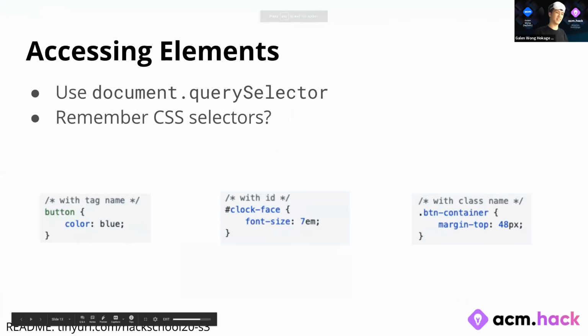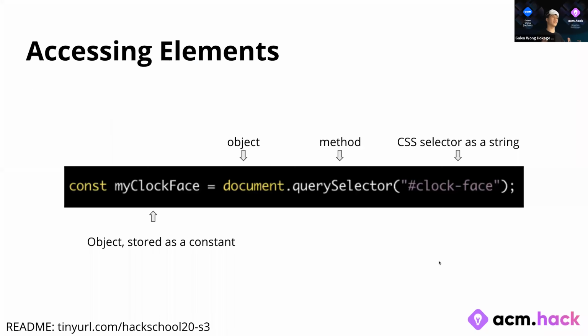So remember, an object can contain methods. In this case, the document object actually contains a method called querySelector. The way querySelector works is that it selects specific elements based on CSS selectors. So how would you use it?